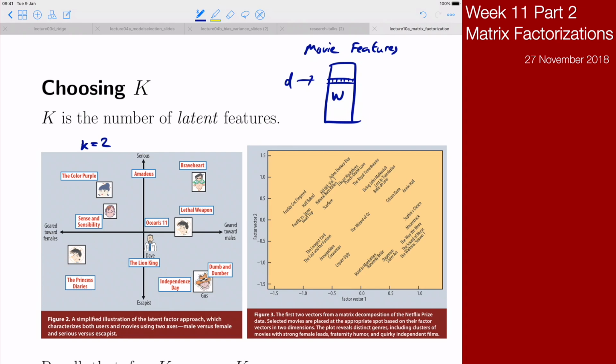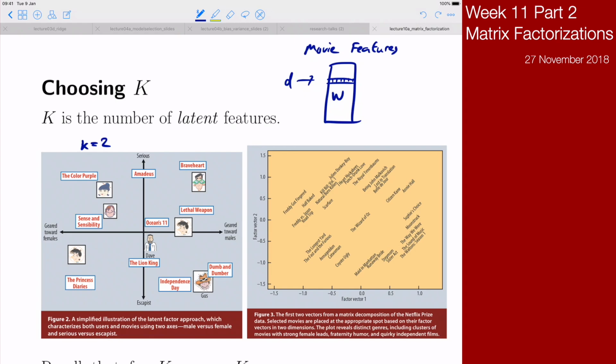And then the left picture here is a bit what you would like to do. You would hope that for every movie it would give it 2 coordinates, 2 features, which are interesting aspects of the movie. So here on the horizontal axis we have if it's preferred by male or female customers. That's one aspect you could think of.